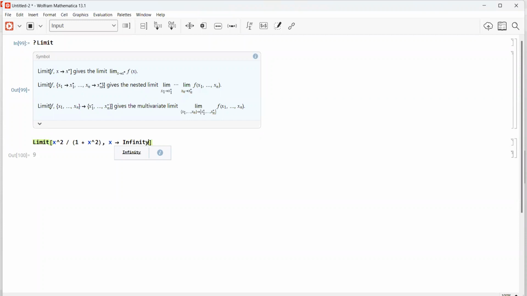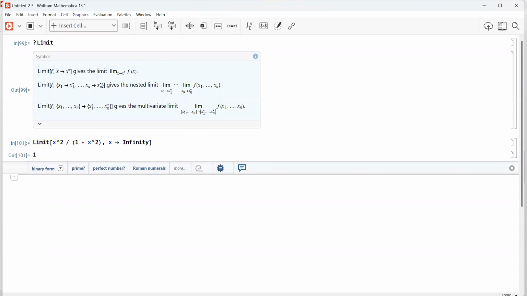So it would be 10,000 over 10,001. If x is 1,000, you'd get 1,000 squared over 1 plus 1,000 squared. That's 1,000,000 over 1,000,001. So it should be going to 1. So let's check. So infinity, and so it's going to 1. So it now looks like I understand how to use the limit command.